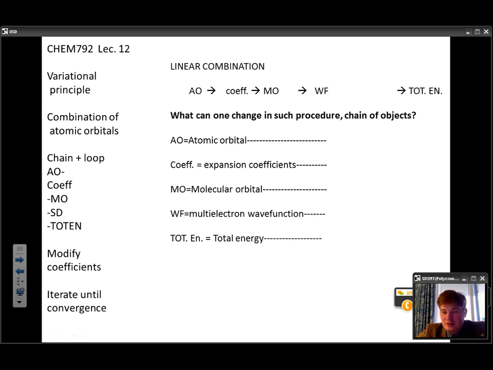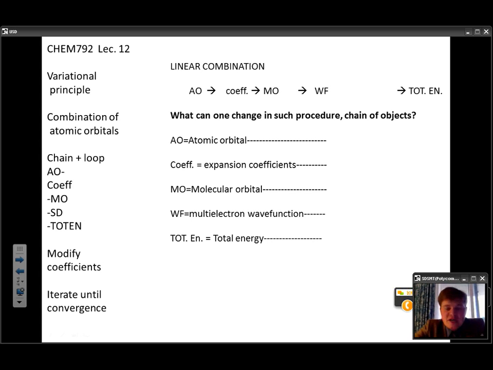And the procedure by which we get the total energy out of the wave function is also already determined. So we do not have an opportunity to modify it. So the only thing that we can change are those expansion coefficients. Yes, right.